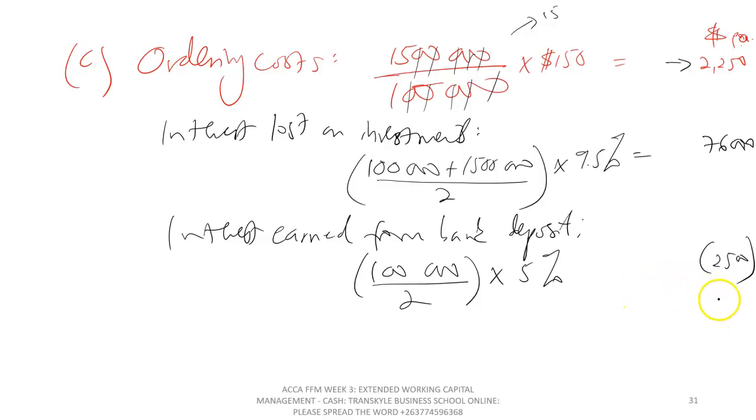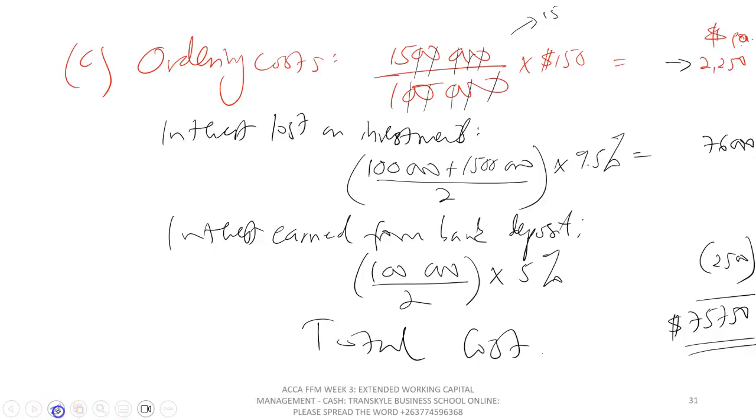So if we add up these figures, 2,250 plus 76,000 minus 2.5 thousand, that gives us 75,750, which becomes the total cost.